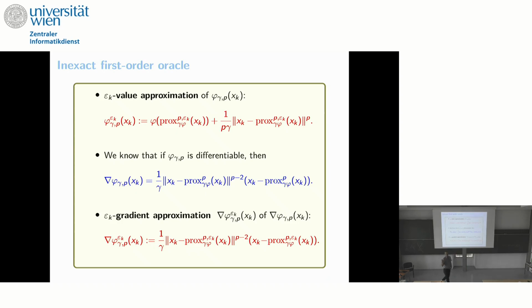One of the important points here is that I don't see any matrix multiplication. When you use the forward-backward envelope, you have a matrix I minus something, and for the first smooth function, I need the Hessian of that function. But here, I don't need any structure. Therefore, any type of structure I have in function phi, as long as I can compute the prox, is valid for me. That's why I can do the generalization.